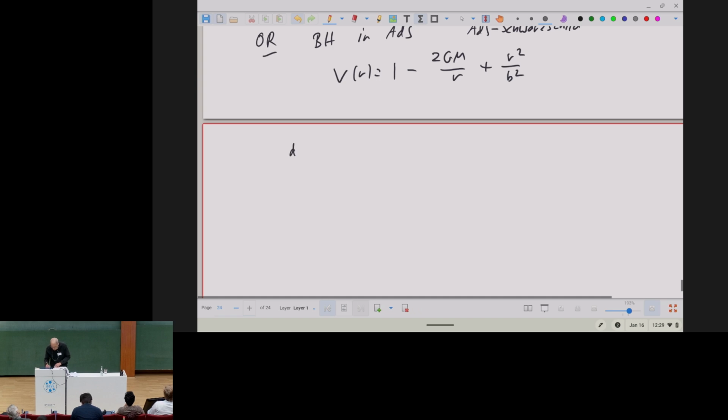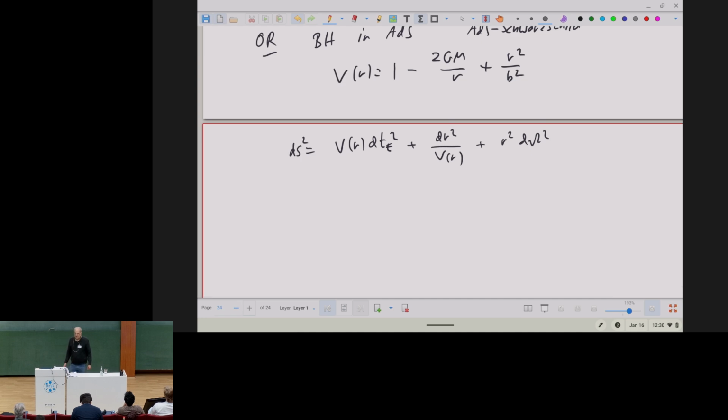So everything else is the same. I'll write it in Euclidean signature, but it works in either Euclidean or Lorentz signature. The same thing describes a black hole, but with a different function V. But the topology is different because V is no longer positive definite. You see that V becomes negative if r is sufficiently small.